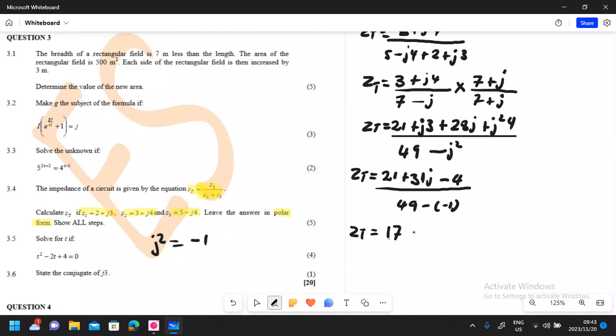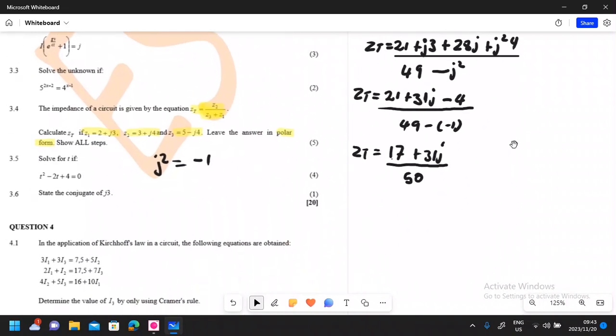And then here we're going to be left with plus 31j, divided by, now what do we have here? If we have 49 minus a negative, this is going to be positive 1. So 1 plus 49 is going to give us 50. Right, so from here we can continue and divide.